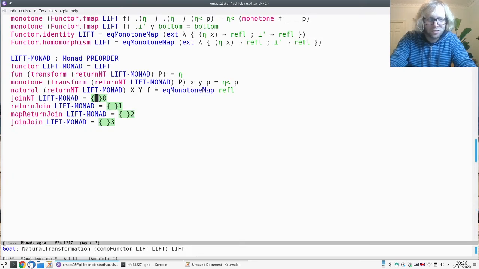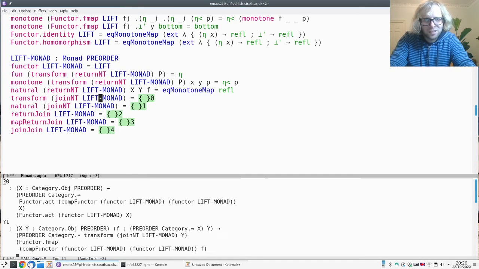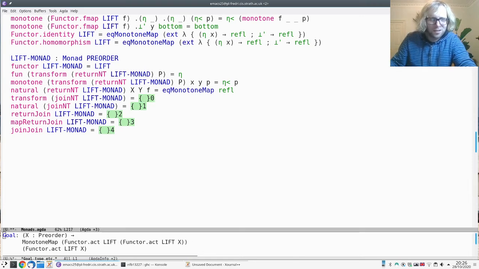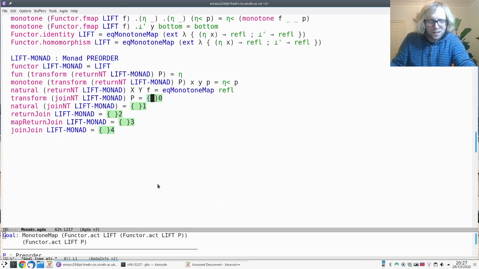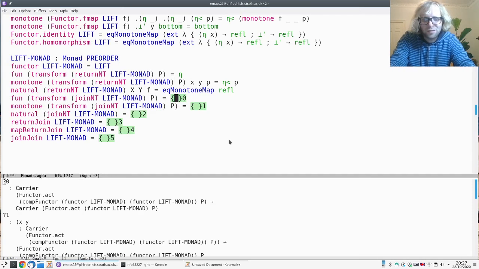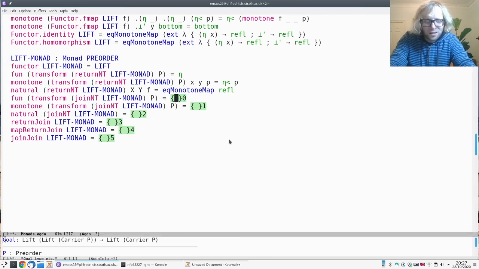Okay, what about the join? So here, for a given p, here we need a monotone map from the lift of p to the lift of p. Right. So let's see, the underlying function should be like this.